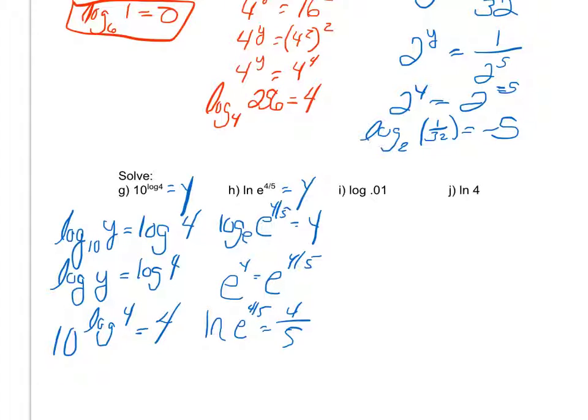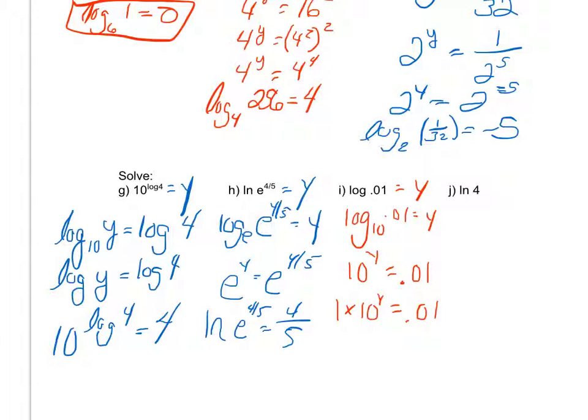Looking at my last two examples, again, I notice that this is equal to some value, call it y. So log is the same thing as log base 10. And so I have 10 to the y equals 0.01. Well, notice that this is a form of scientific notation. Isn't this the same thing as saying 1 times 10 to the y equals 0.01?